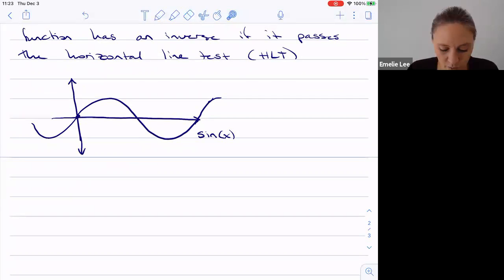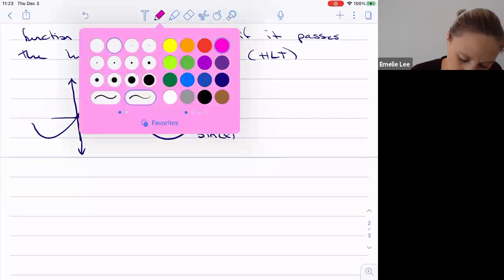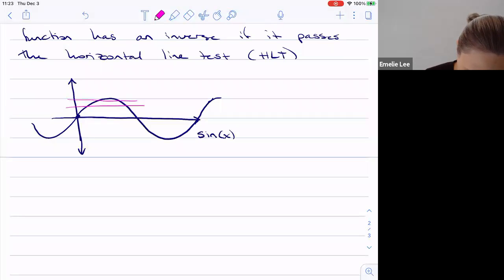Now, the horizontal line test doesn't work, right? Because we're crossing multiple points. Because this wave keeps going and going, it's definitely not going to pass the horizontal line test. So as it stands, sine of x does not pass the horizontal line test.